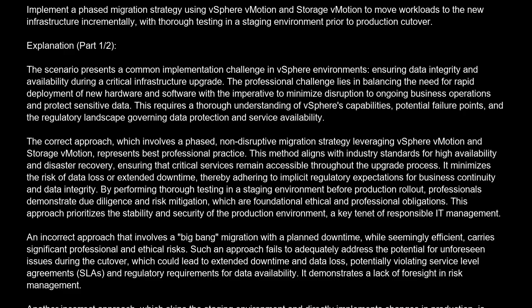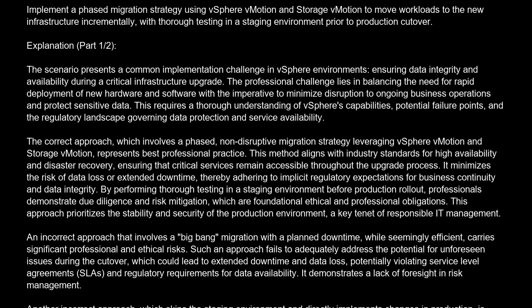By performing thorough testing in a staging environment before production rollout, professionals demonstrate due diligence and risk mitigation, which are foundational ethical and professional obligations. This approach prioritizes the stability and security of the production environment, a key tenet of responsible IT management.